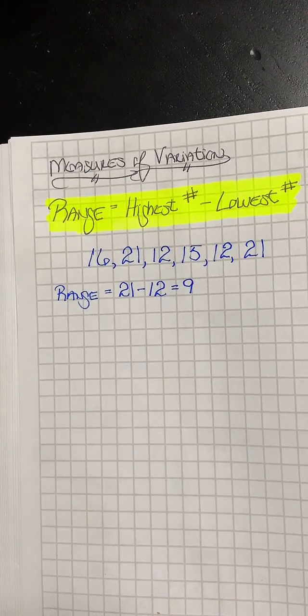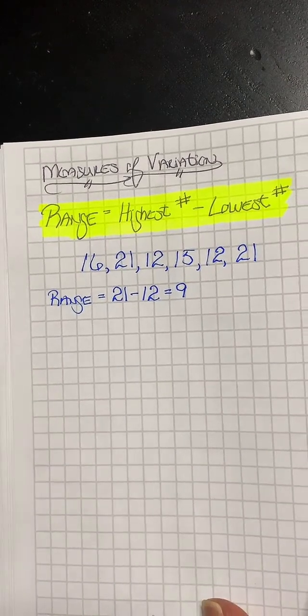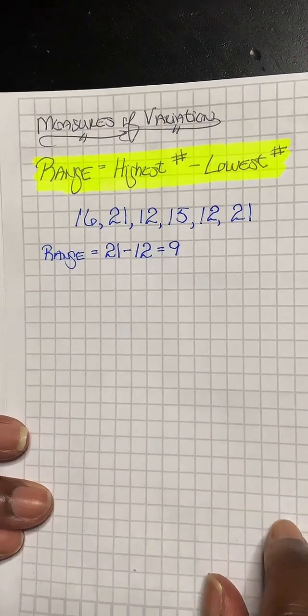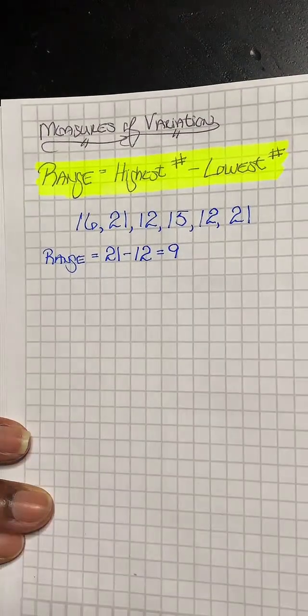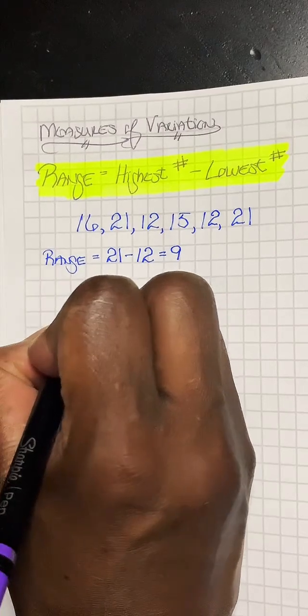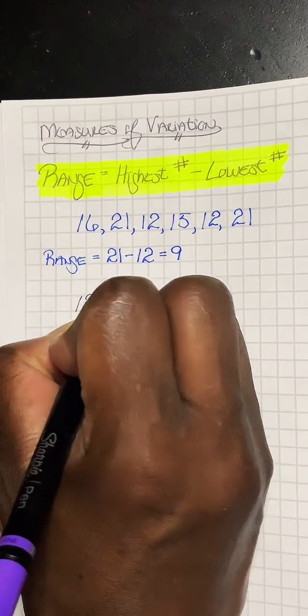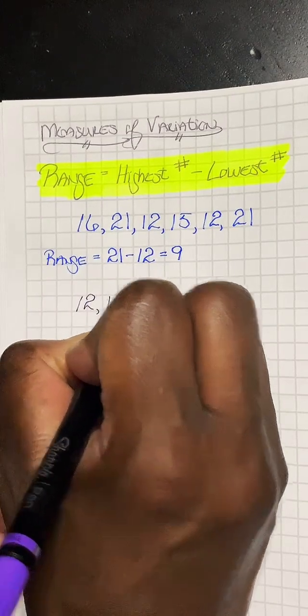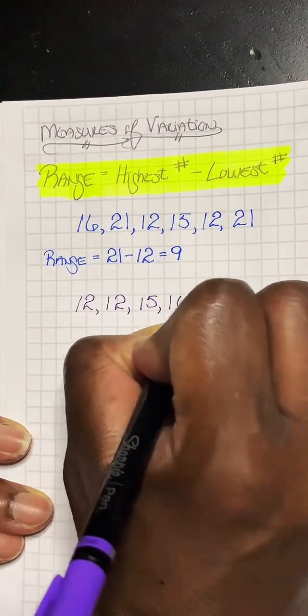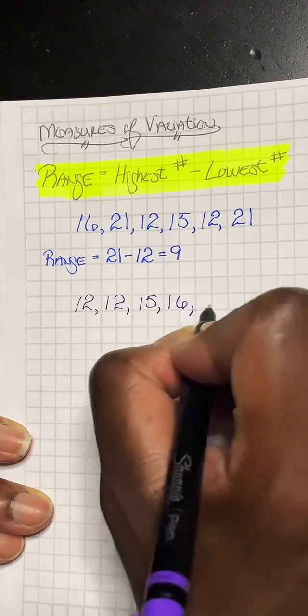Let's say we did put them in order. We don't have to, but if we did. We did this before. We have our two 12s, our 15, 16, and two 21s.